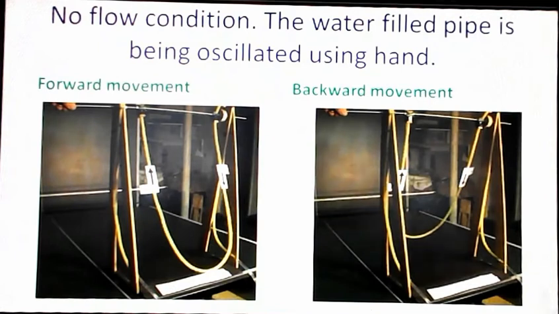That means it is being oscillated in forward direction and backward direction. At present, there is no water flow through the pipe. So when there is no water flow through the pipe and you are moving this U-tube pipe in forward direction and backward direction, both the legs are in parallel.